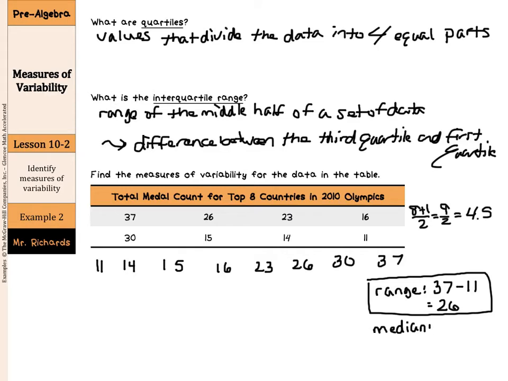So the median here is going to be between 16 and 23. Well, if I take 16 plus 23 and I divide that by 2, I get a median of 19 and a half. So our median here is going to be 19.5.